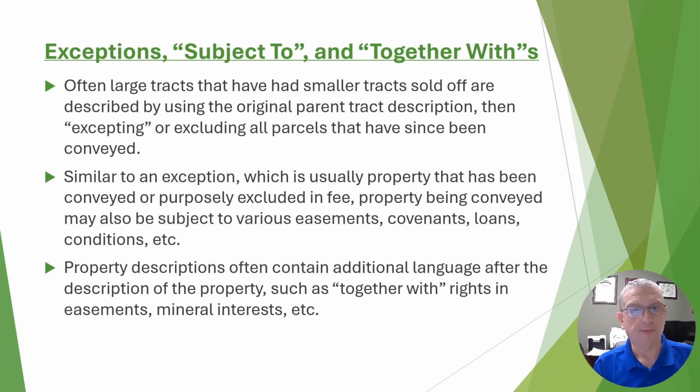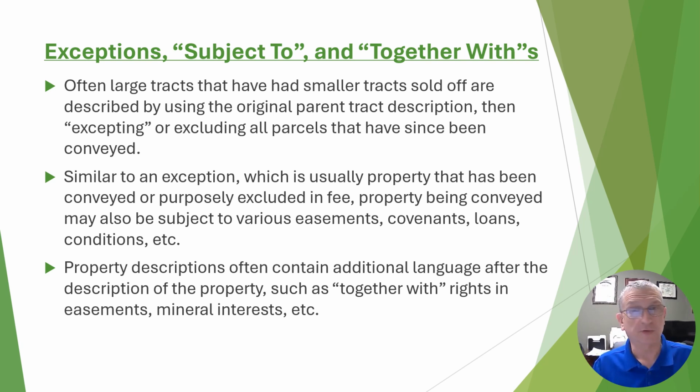Power lines very common. It might also be subject to something that's not a survey matter, like a right of first refusal, a mortgage to the First National Bank of Dublin. These are things that affect title that need to be in the deed, but they're not things that surveyors necessarily need to know about. So you just have to read to find out.